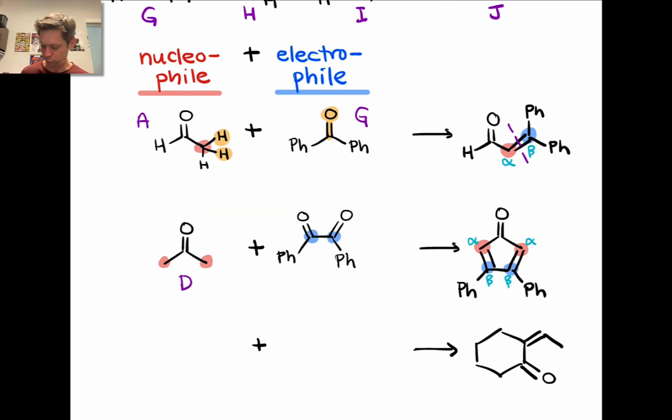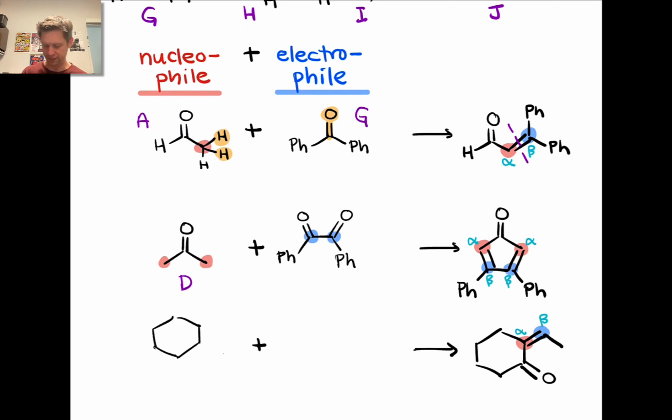So last example, we've again got an alpha-beta unsaturated carbonyl compound as the target. Here's our beta carbon. Here's our alpha carbon. And as usual, we're going to think about the alpha carbon as the enolate side, the nucleophilic side, and the beta carbon as the electrophilic side. And so our nucleophilic reaction partner here is going to be cyclohexanone.